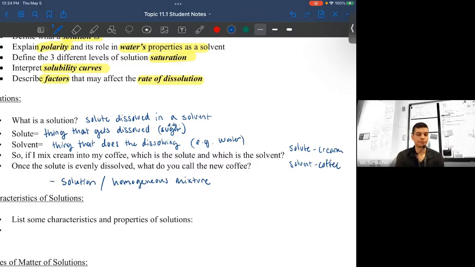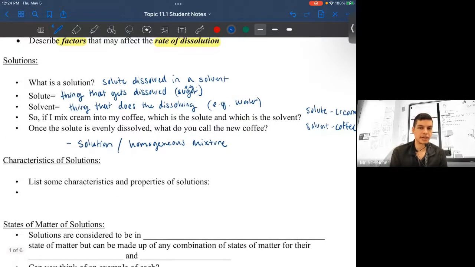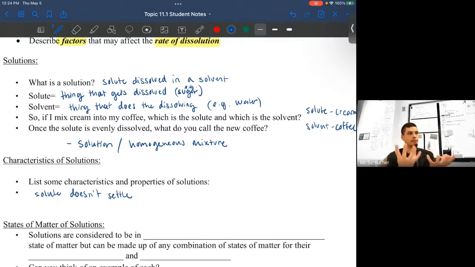Okay, so what are some characteristics of solutions other than that they seem pretty evenly mixed and homogeneous? Well, our solute doesn't settle. I mean, what happens at the bottom of your beaker or your cup?